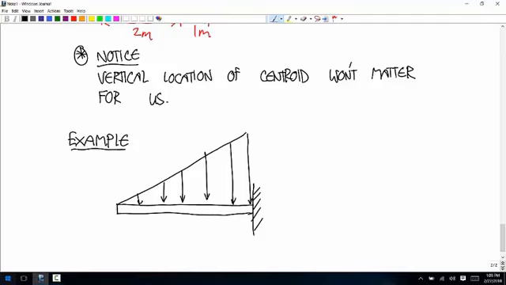The maximum value is 10,000 newtons per meter, and the width is 2 meters. And we want to calculate the reaction loads at the wall.